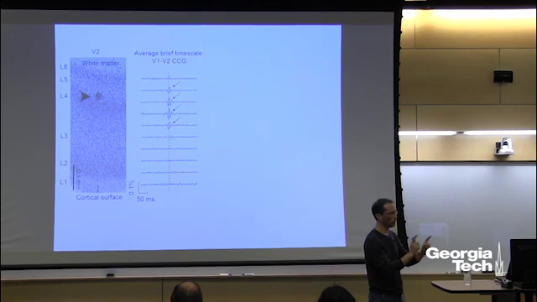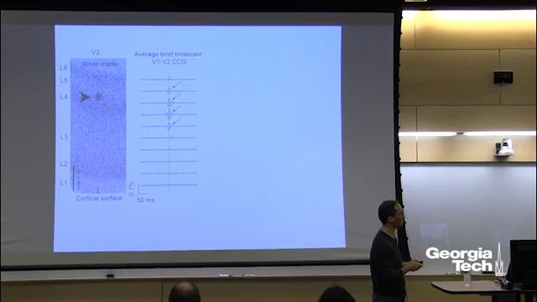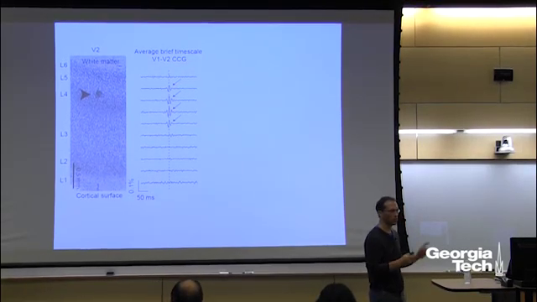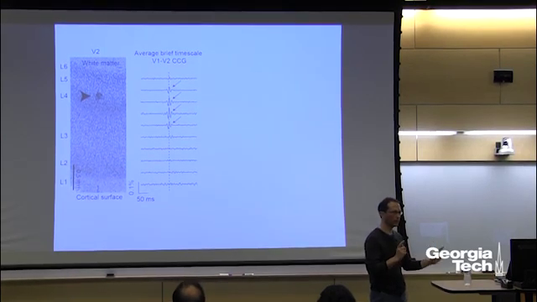looking at all possible pairings of a V1 neuron and a V2 neuron. These have been filtered in a particular way so that only the brief timescale events are left. What you'll notice is that the cross-correlation functions at a bunch of depths in V2 are flat. That means there's no statistical relationship between activity in V1 and V2 at those locations.